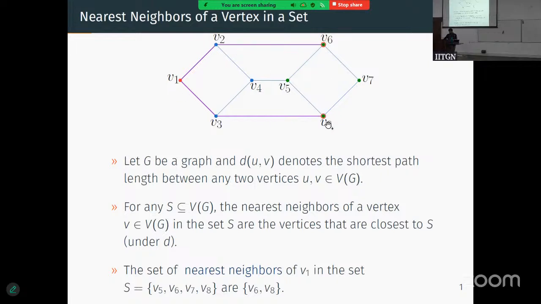So V6 and V8 are the nearest neighbors for the vertex V1 in the set S.